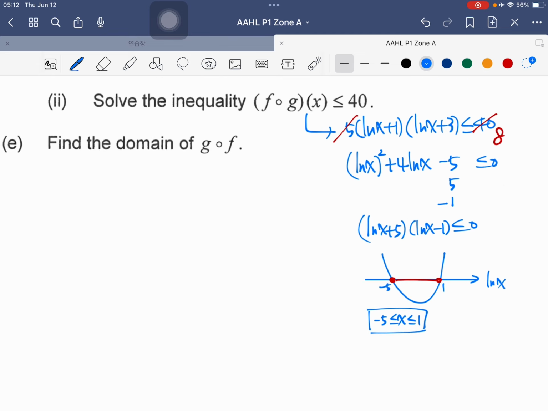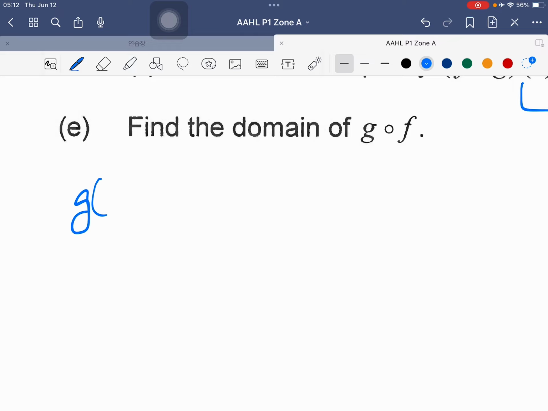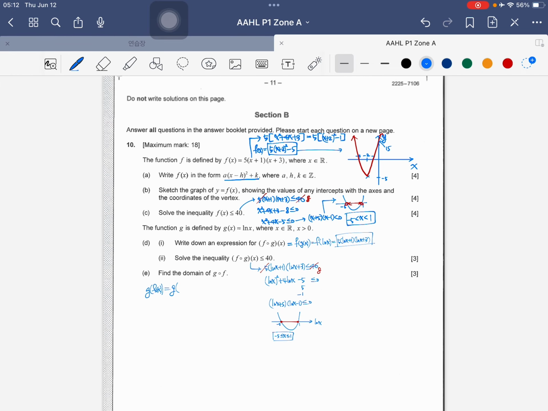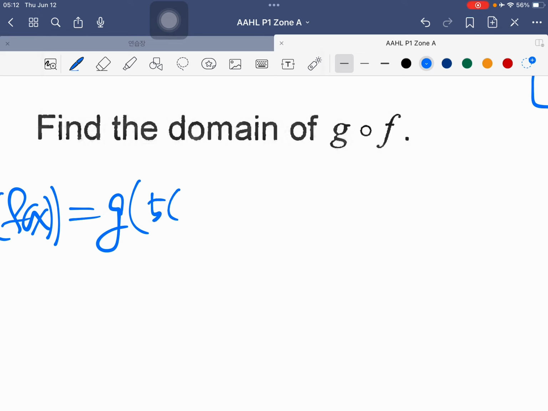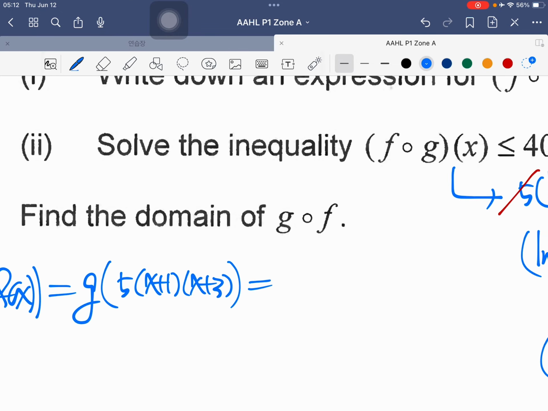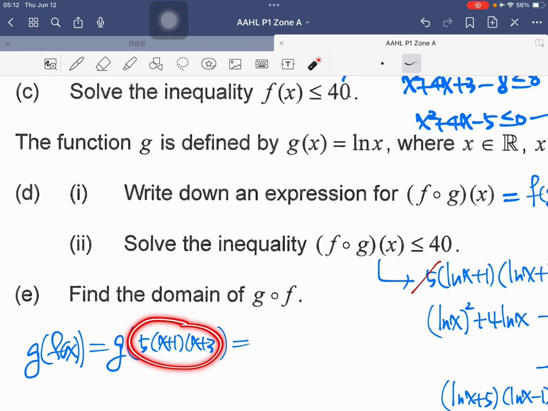Find the domain of g of f. Okay, g of f of x. What does this expression mean? The 5 times (x plus 1)(x plus 3), this expression inside f(x) must go inside the x of g(x).